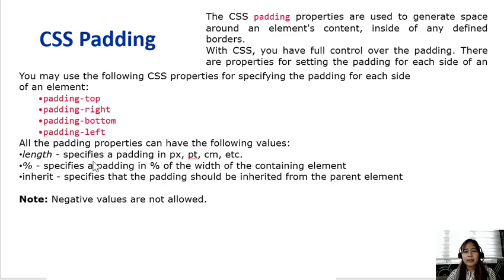I mentioned earlier that we were using pixels in the example, but you can also use points or pt, centimeter, etc. You can also specify the percentage, which is the percentage of the width of the containing element, and you could also specify inherit. Of course, for these values, the negative values are not allowed.